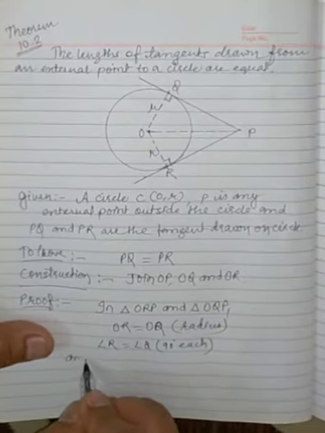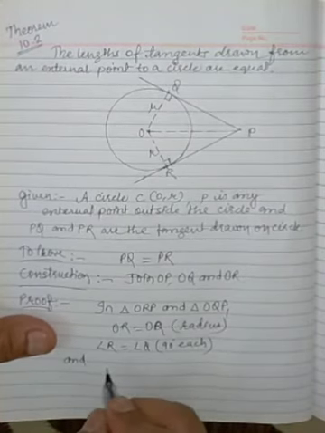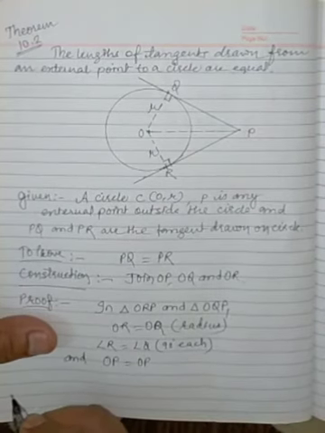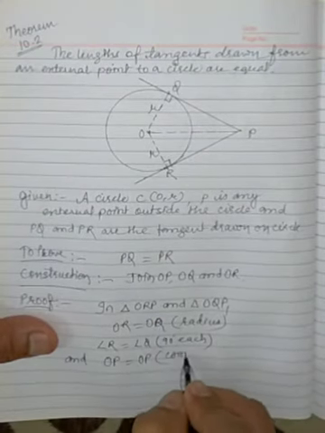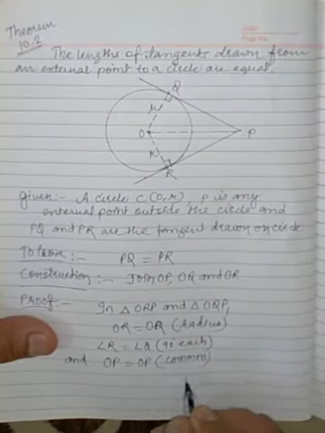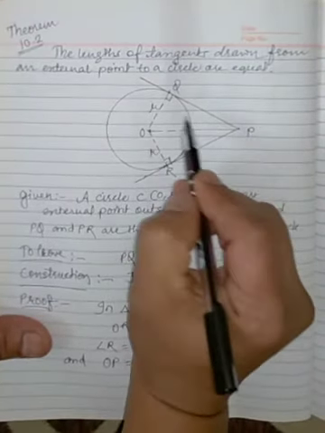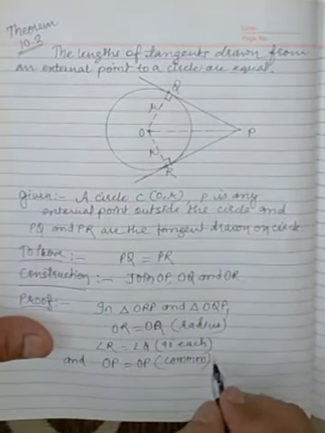And as you can see in both the triangles ORP and OQP, OP is the common side. So OP is equal to OP. It is common. And other than being common, as this side OP is in front of the 90 degree angle, it is the hypotenuse.